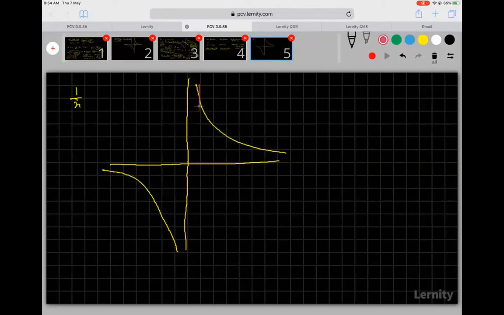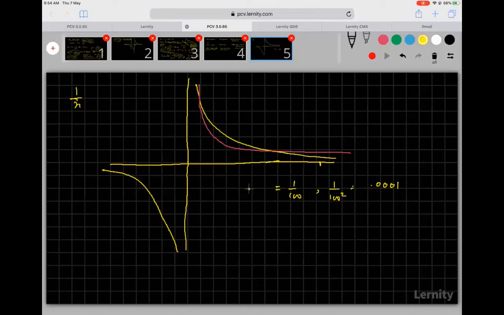Suppose x is some 100. Then what will happen? If x is 100, then we have 1 by 100 and 1 by 100 squared. So 1 by 100 squared will become 0.0001, and 1 by 100 will be 0.01.